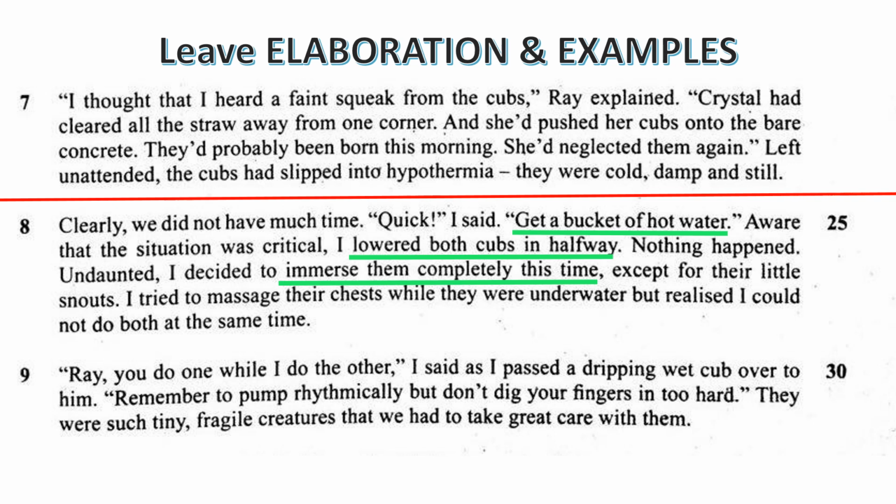Except for their little snouts, that is huraian, elaboration, isn't it? So we leave it behind. Let's look at the next sentence. I tried to massage their chests while they were underwater, but realized I could not do both at the same time. So, tried to massage their chests while they were underwater.